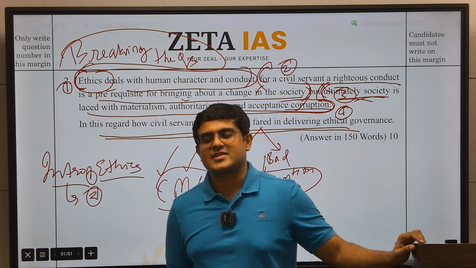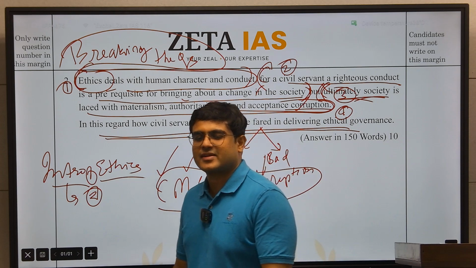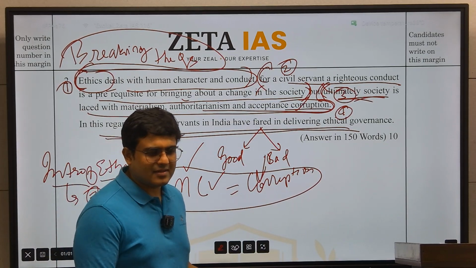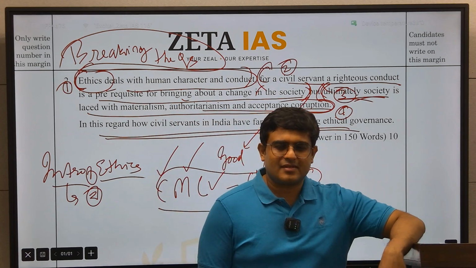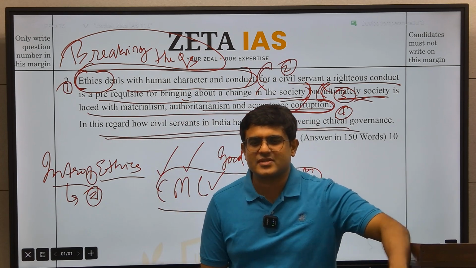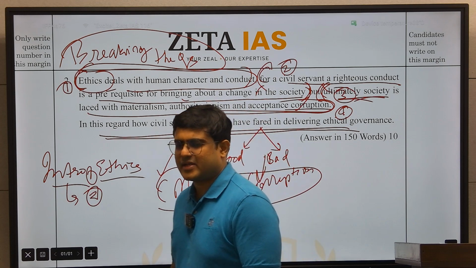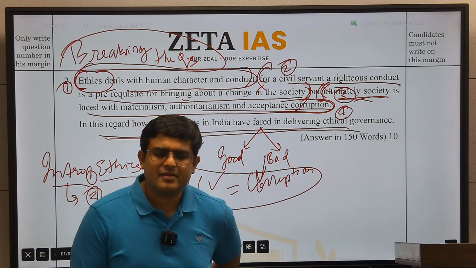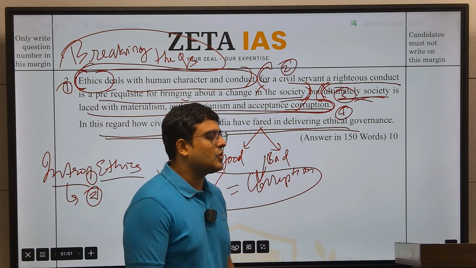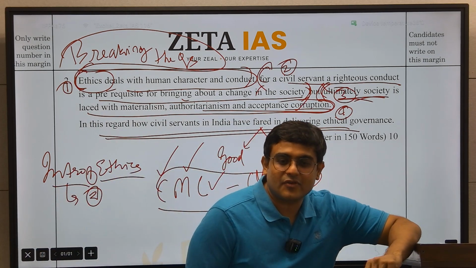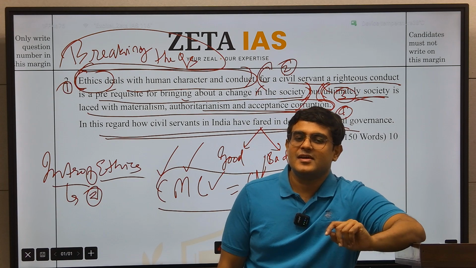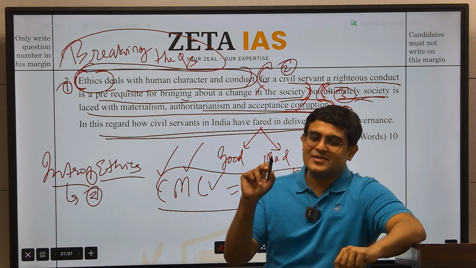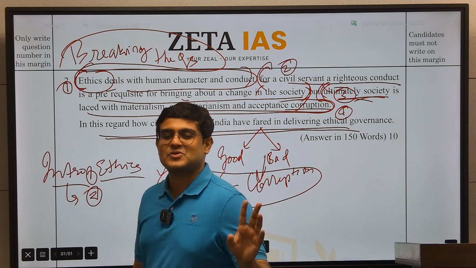So this way, then write some individual cases. Write the Pooja Khedkar case, or the recent case of Odisha, right? That IAS officer Chakma was caught taking bribe, or the recent Jagannath Yatra stampede, where the government found that there was a dereliction of duty by two people, the superintendent of police and the district collector, and the government transferred those officials.